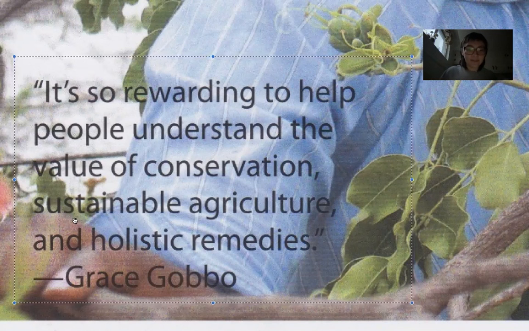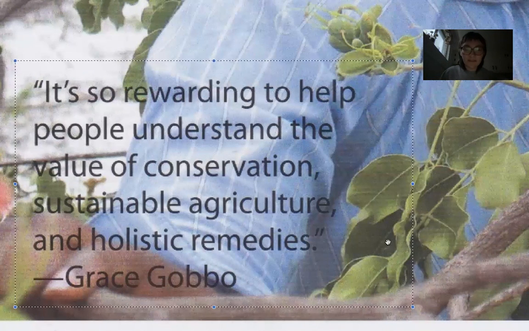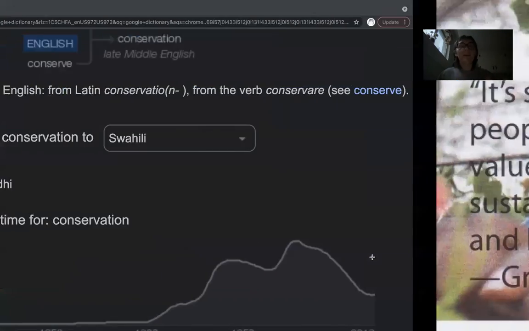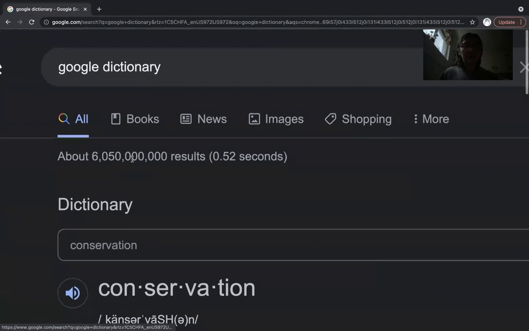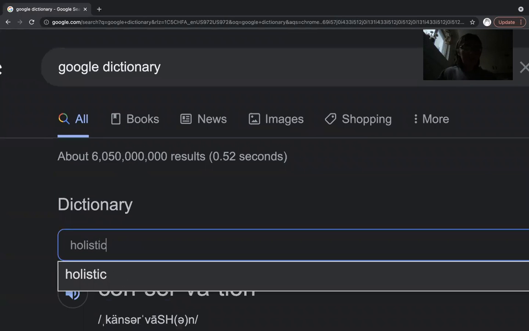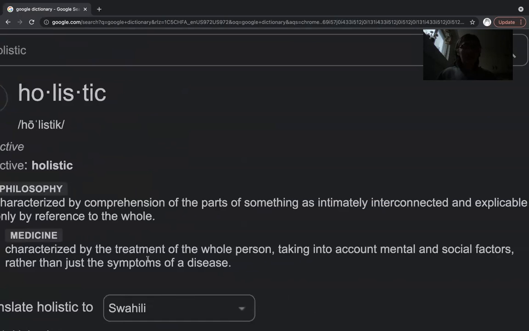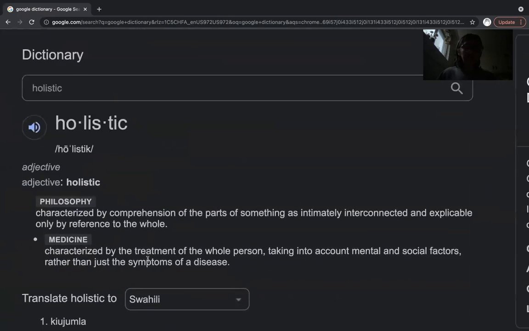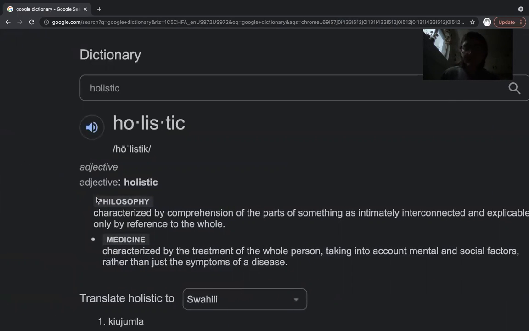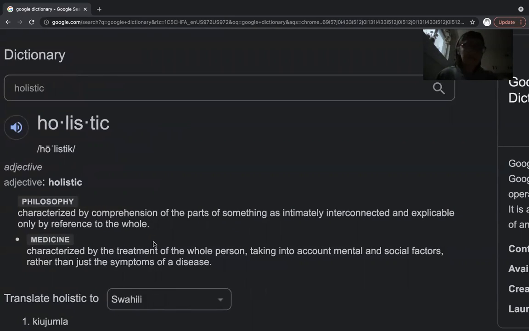And then the last part is holistic remedies, right? Holistic. Now, holistic is kind of a weird word. It's used interestingly in English. Okay, so you'll see that in the definition, there's a philosophy definition, and then there's a medicine one. So let's look at the medicine one.